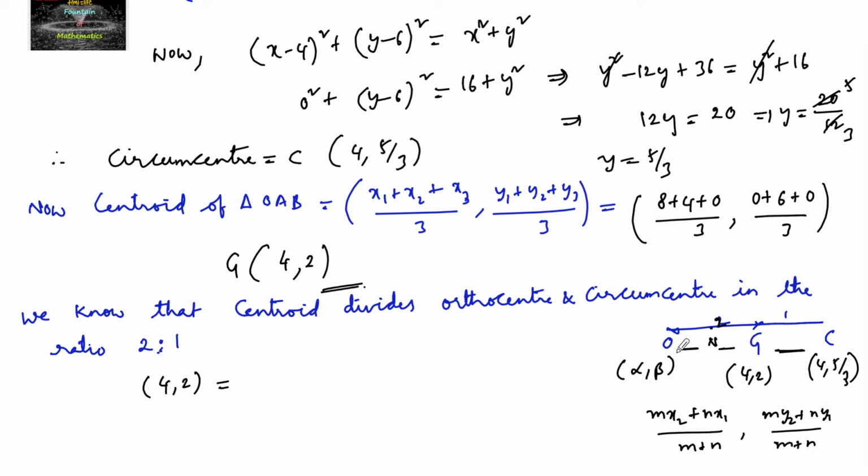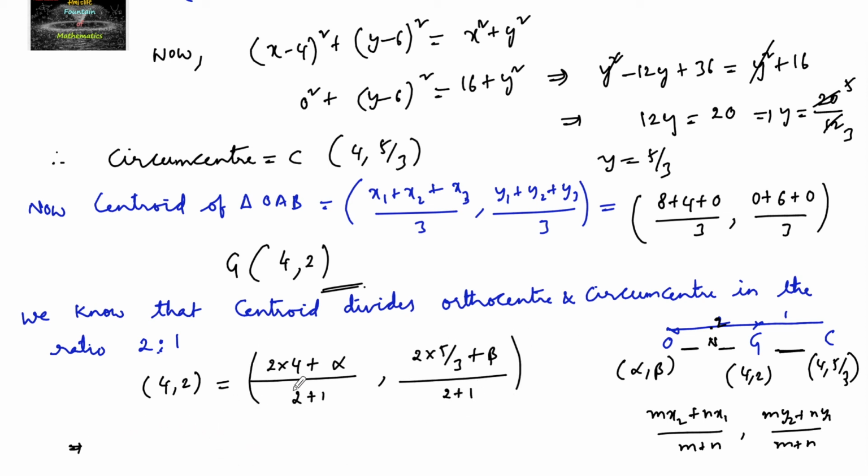So we get (2 times 4 plus 1 times alpha) upon (2 plus 1), and (2 times 5 by 3 plus 1 times beta) upon (2 plus 1).